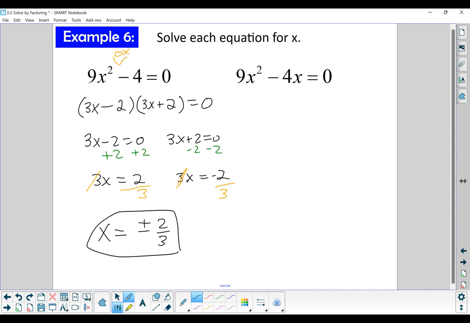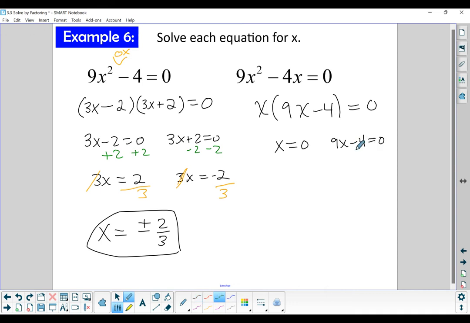This second problem looks almost the same, but the 4x is not a -4, it's a -4x. So this is just a common factor of x. That's the only thing they have in common. 9 and 4 don't share any common factors. So our two solutions, well, the first one is just 0.